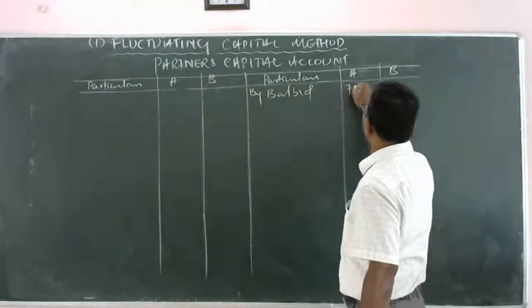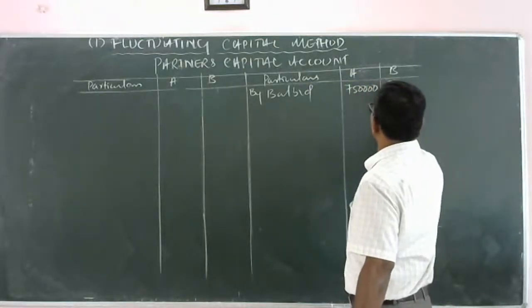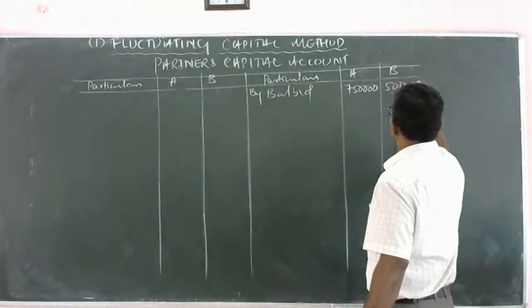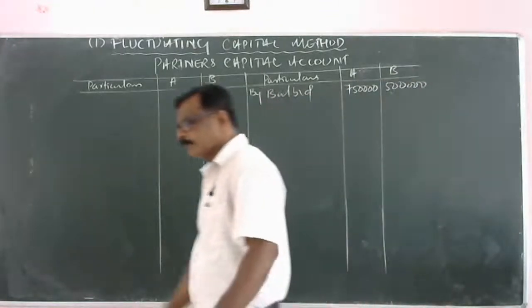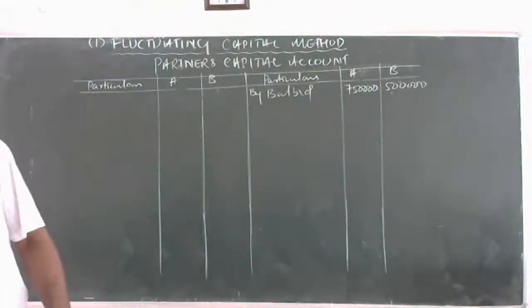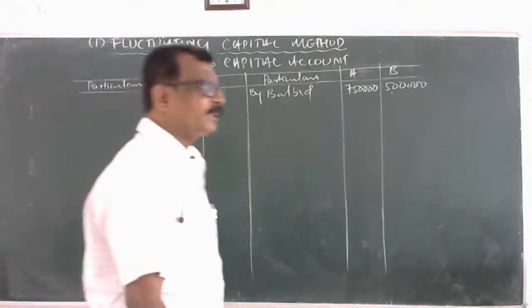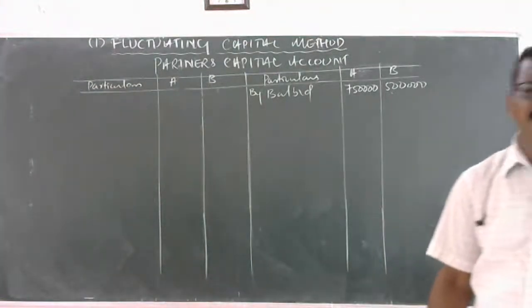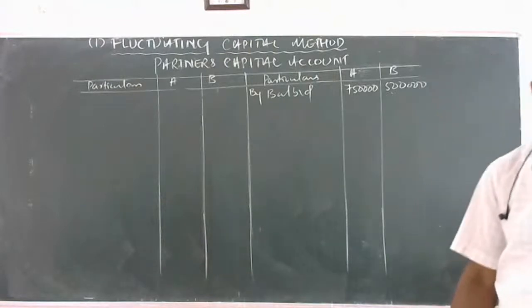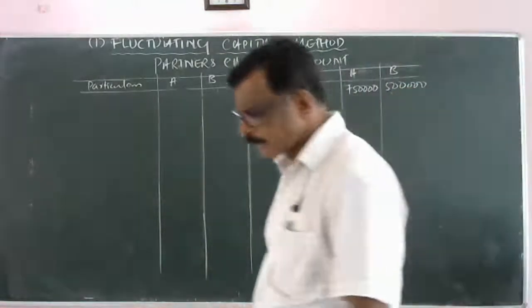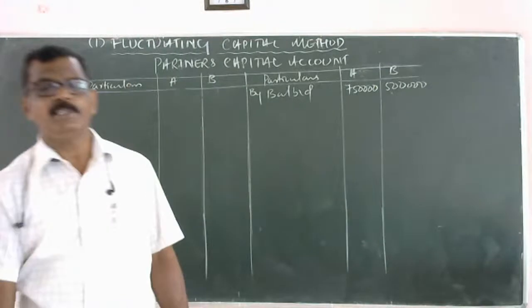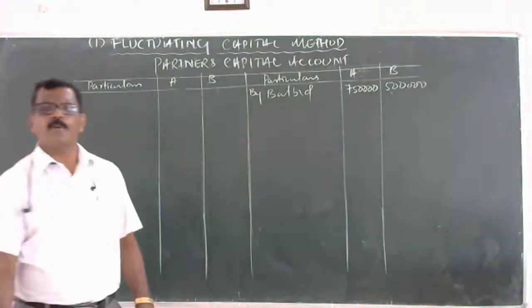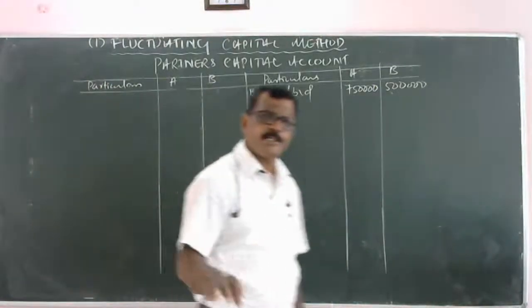Capital balance of the partner is A 7,50,000, B rupees 5 lakhs. Right? And the other items: additional capital if there is any, interest on capital if there is any, salary if there is any, commission if there is any, share of profit if there is any, are credited.